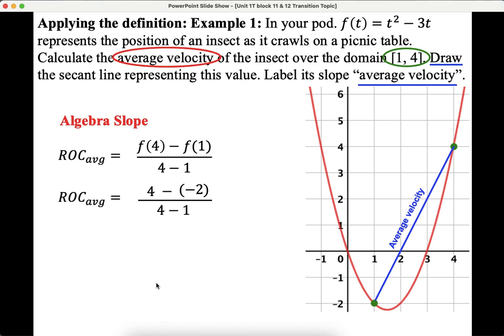So let's just pause right here and let's talk about a difference quotient, because that's the other vocabulary that the College Board uses. So average rate of change in this context, and difference quotient would be the two vocabulary phrases that College Board would rely on. They wouldn't use algebra slope. And so this represents a number, and I mentioned this in the review presentation also in class.